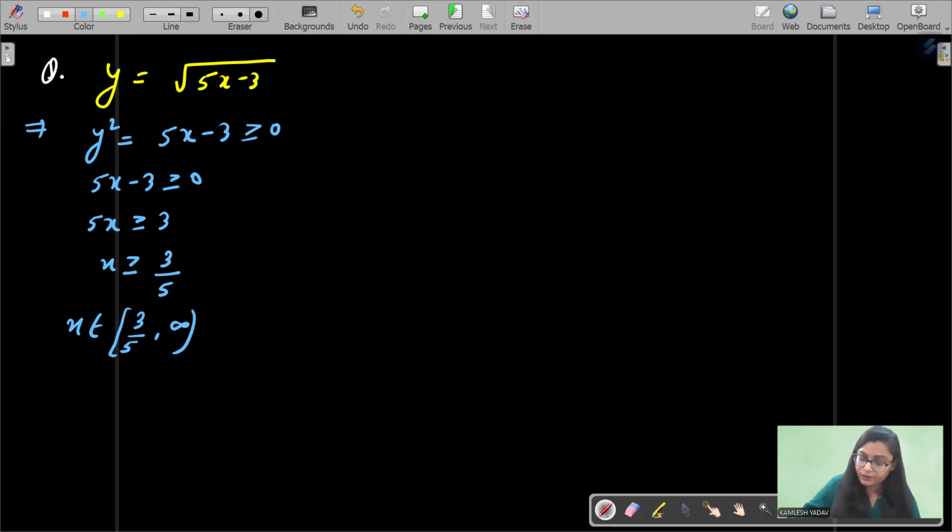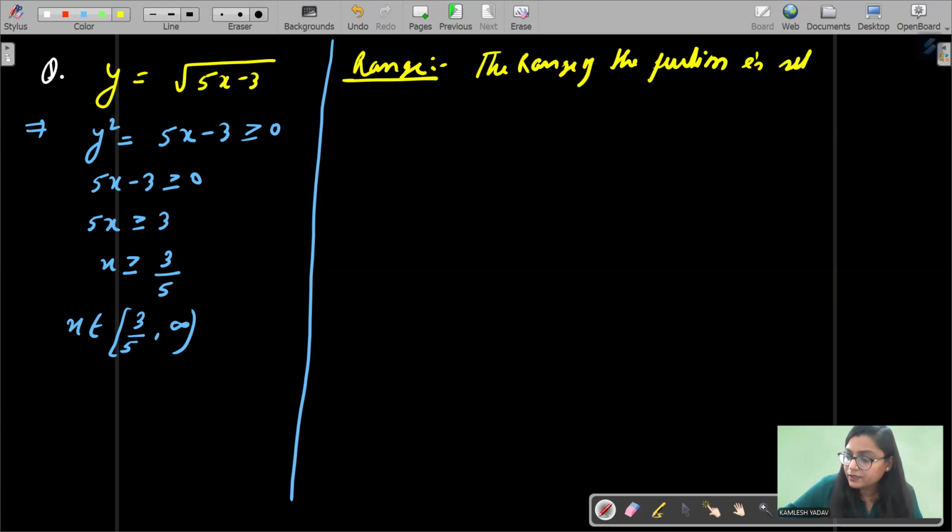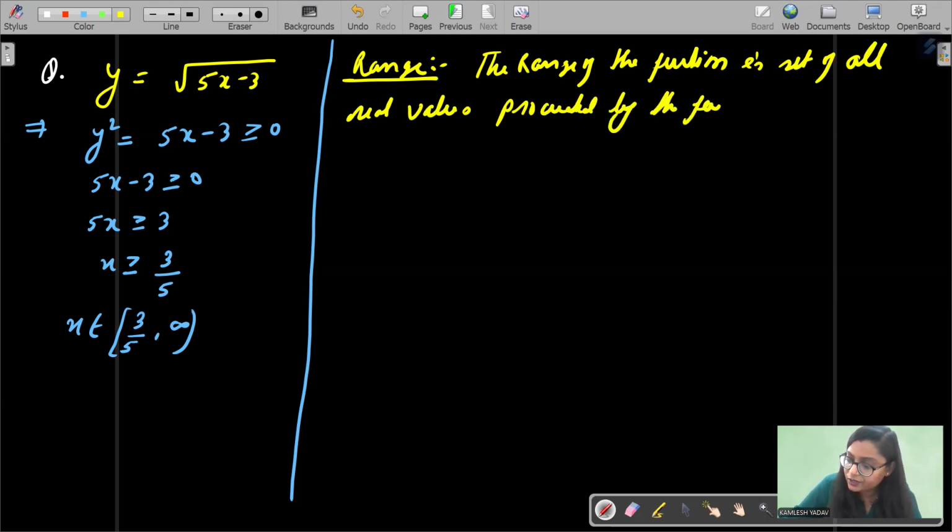So this is the concept of domain. Now we can discuss a summarized form of range. The range of the function is the set of all real values produced by the function.